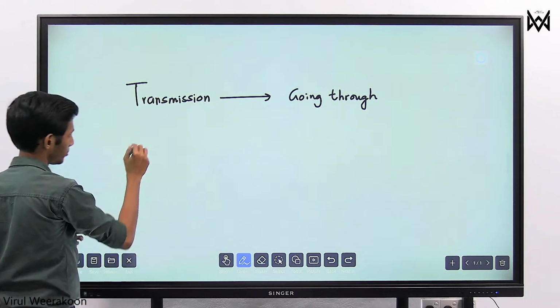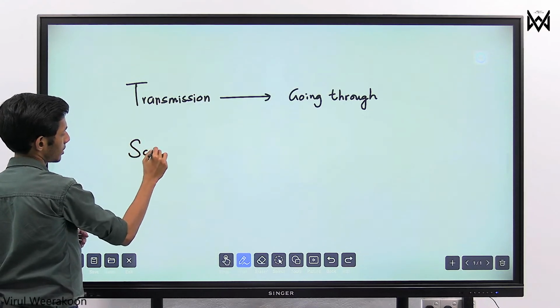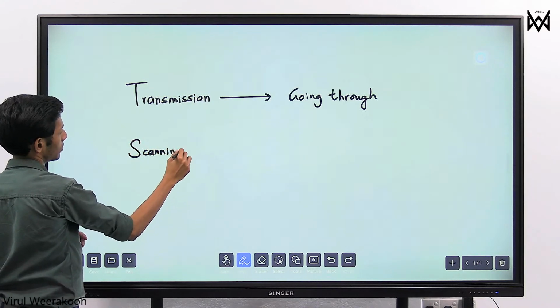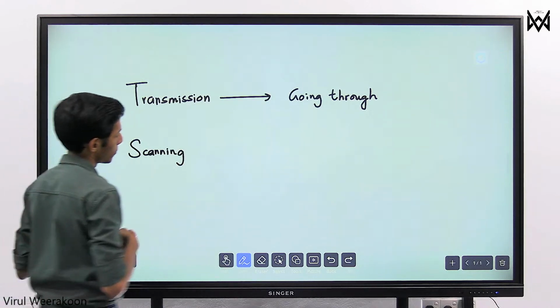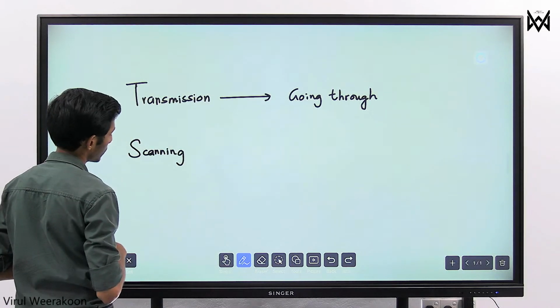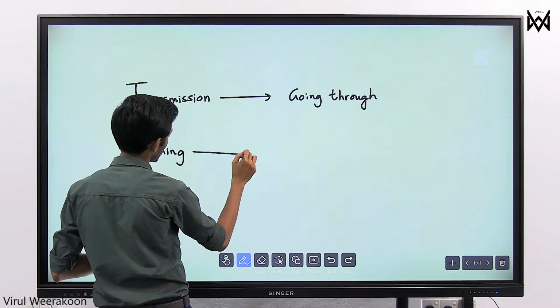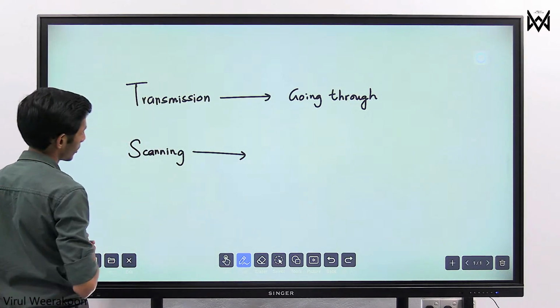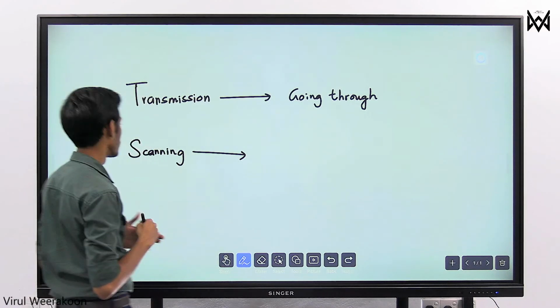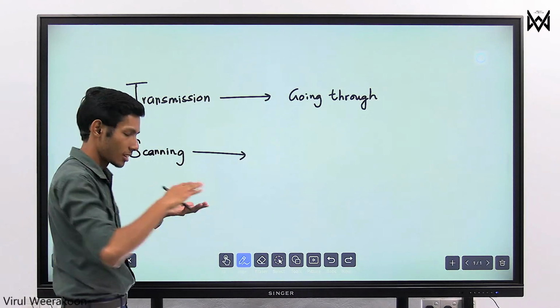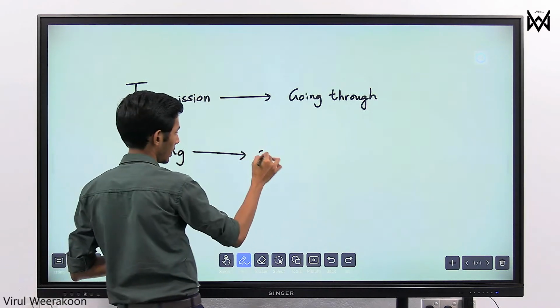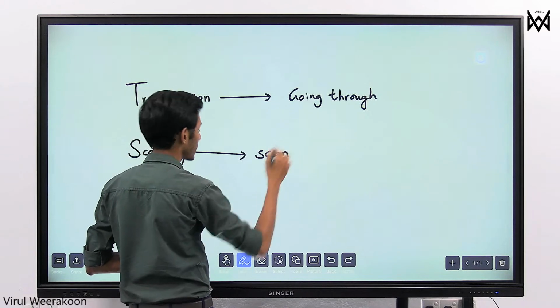Then scanning electron microscope. Transmission is going through. Scanning means actually scan. We are scanning what?